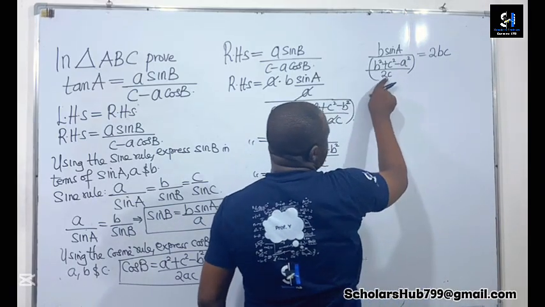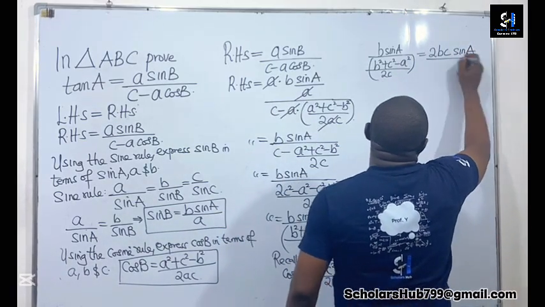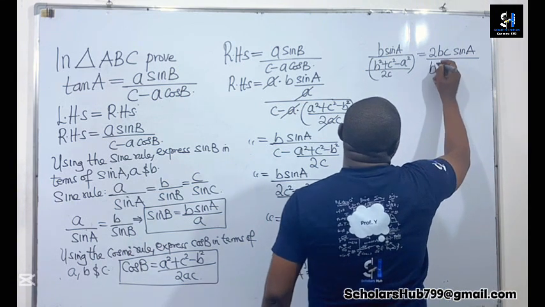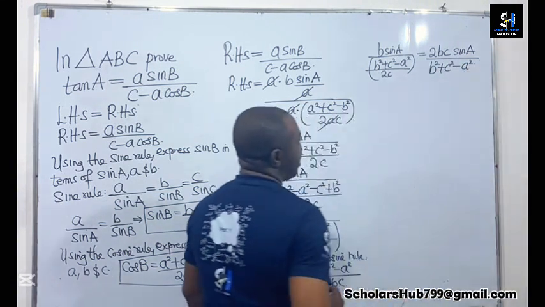Once I flip this fraction, we have 2bc sin A divided by b squared plus c squared minus a squared.